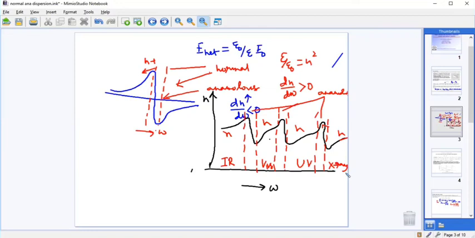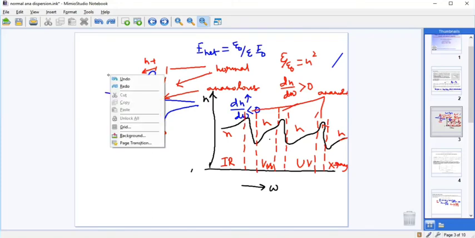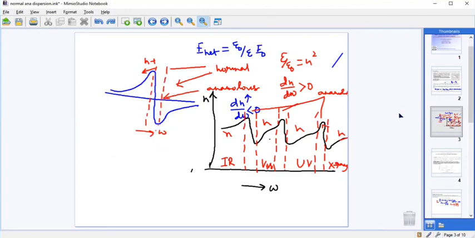So note that as lambda increases, the index decreases. Thus dn d lambda is less than 0.